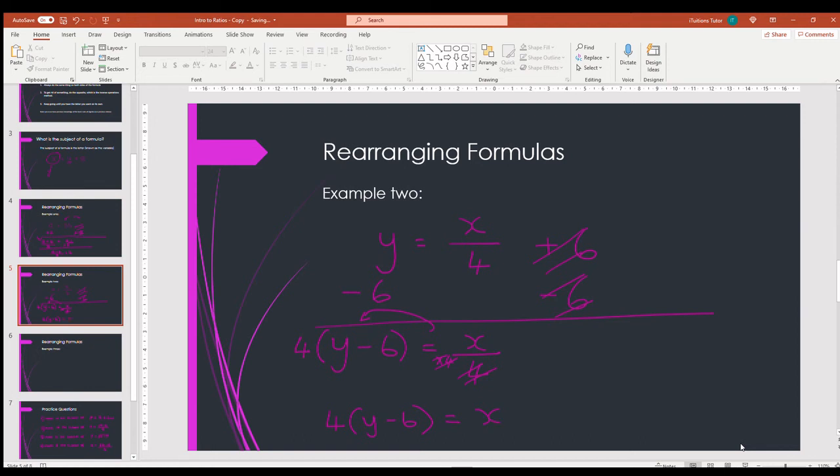And this would be the same as if you expand the bracket, 4 multiplied by y is 4y. 4 multiplied by negative 6 is negative 24, equals x. And I have covered how to expand brackets in my previous videos.